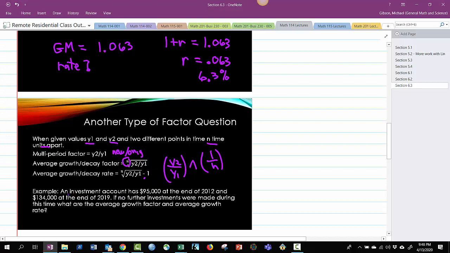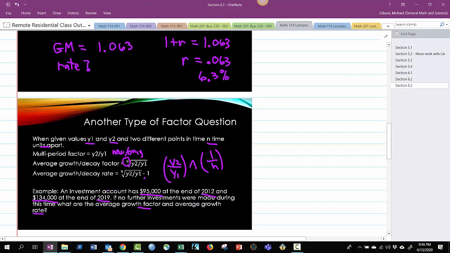Let's do it on an example. An investment account has $95,000 at the end of 2012 and $134,000 at the end of 2019. If no further investments were made during this time, what's the factor? What's the average factor? What's the average rate?